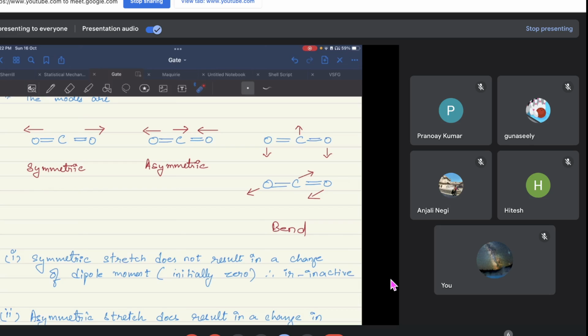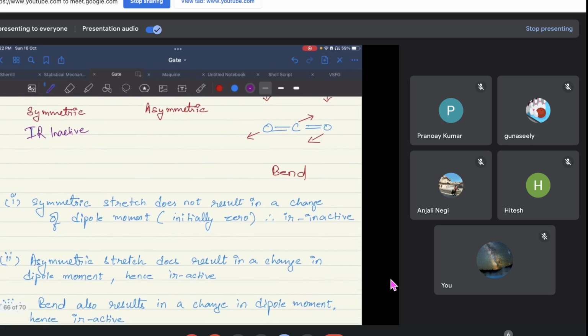So it will again give me the dipole moment equal to 0. Okay. So hence this mode is IR inactive.